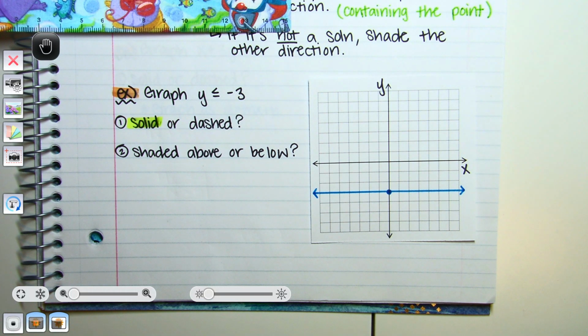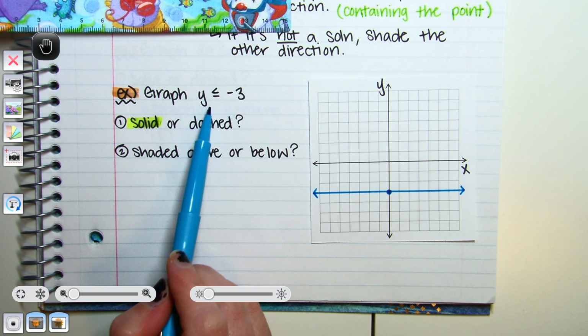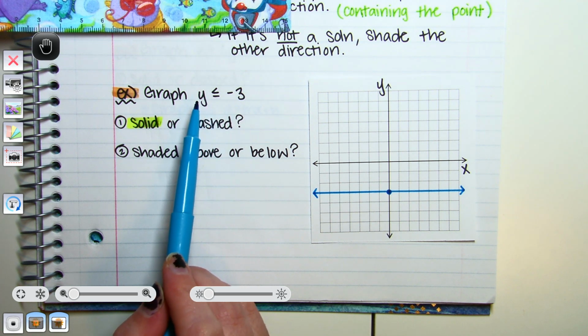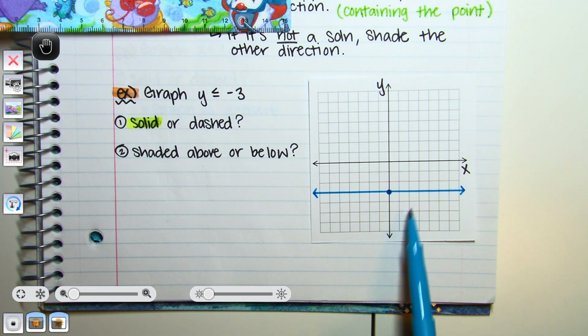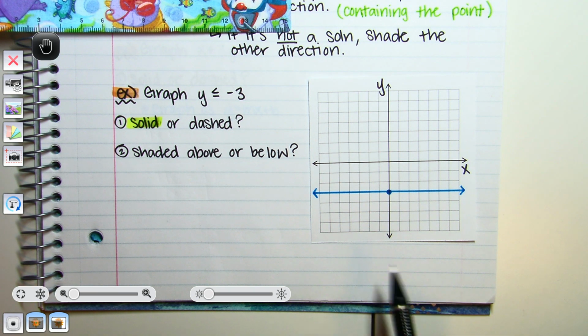All right, now the part where it's shaded above or below. If this is saying it's less than, if I were to take an educated guess, I would guess it's below. But I want to show you what this means when I say choose a point that's not on your boundary line. I always like to go with the point 0, 0 whenever possible.